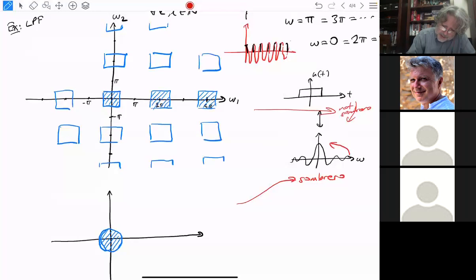We have infinitely many of those. Okay, we understand what I'm talking about. These blue boxes are 2 pi periodic, both horizontally 2 pi and vertically 2 pi.